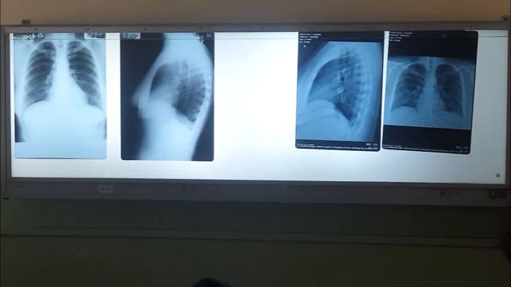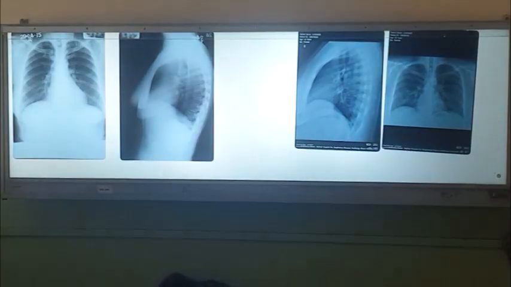If they say abscess, there is a cavity with a fluid level. And if they say cavity, it is without any fluid level. So abscess means cavity with a fluid level. If they say miliary, it means 2 millimeter widespread shadows, or less than that. If they say honeycombing, there is a honeycombing appearance. So the description is there. Use these terms to describe the X-rays, right?